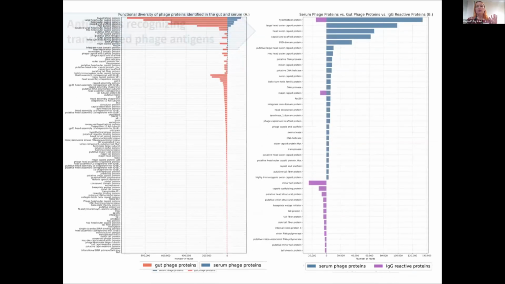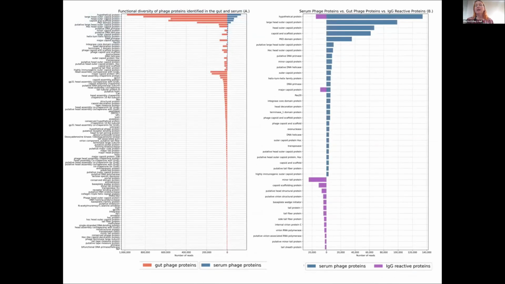And what we got doesn't look very friendly, but the details are not very important here. What you have on the lists are always phage antigens that were recognized in a specific fraction. What is important is that in red, we have phage antigens that were found in the gut. In blue, we have phage antigens that were found in human sera.